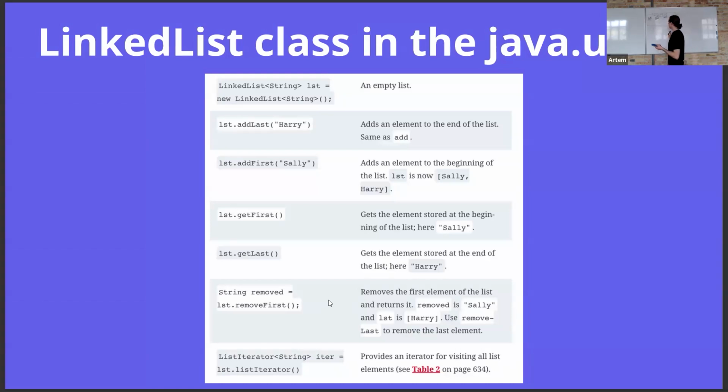The garbage collector works in such a way that it's constantly searching for elements whose reference isn't stored in any other objects. So this element exists in the memory, but no other object in this program stores a reference to Sally.